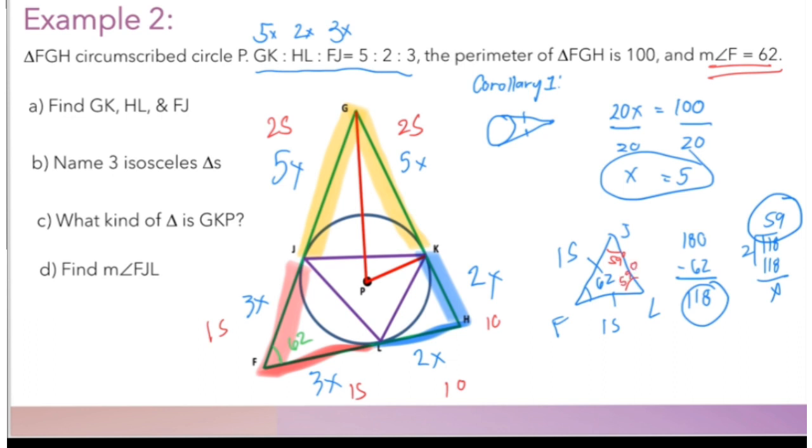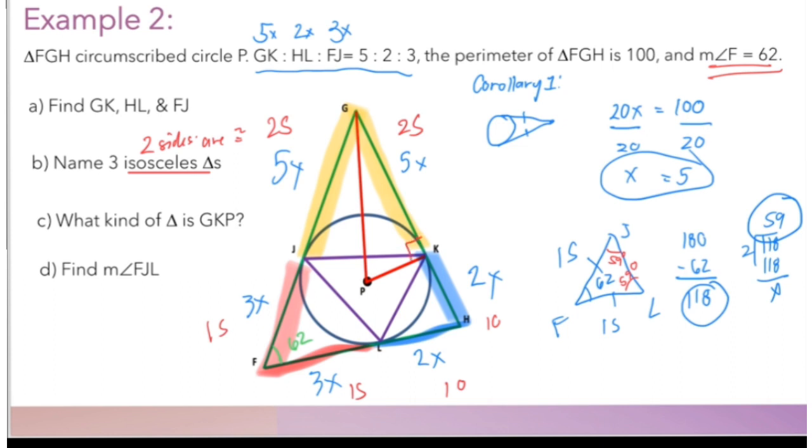Again, the reason behind this is because they are isosceles triangles. Isosceles means that two sides are congruent, making also two angles being congruent, but the sides are the important part. So GKP right here, what kind of triangle would that be? That's going to be right, by the way.